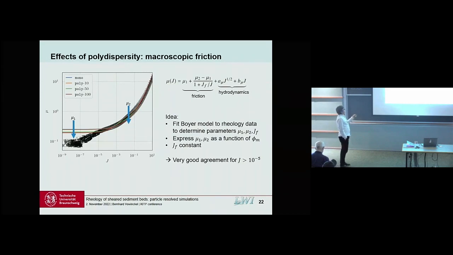And we also see that mu1 and mu2 systematically decrease, and we didn't find such a good correlation for JF, so we just take that as a constant, but we can express all those empirical coefficients as a function of phi m, and those are the colored lines here, and those yield very good agreement. So now, but that's only for the large shear rates, so let's take a bit of care of the low shear rates here.